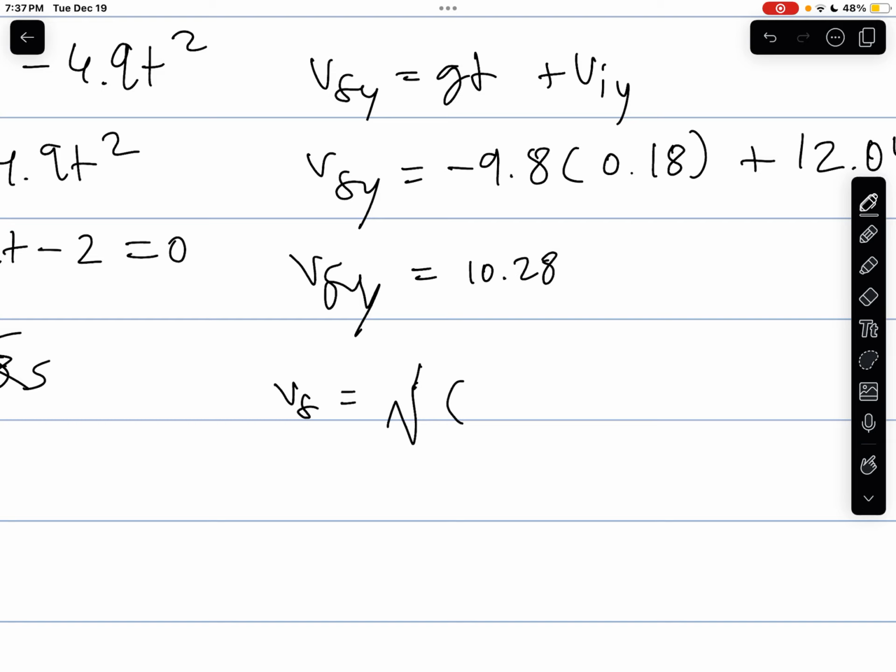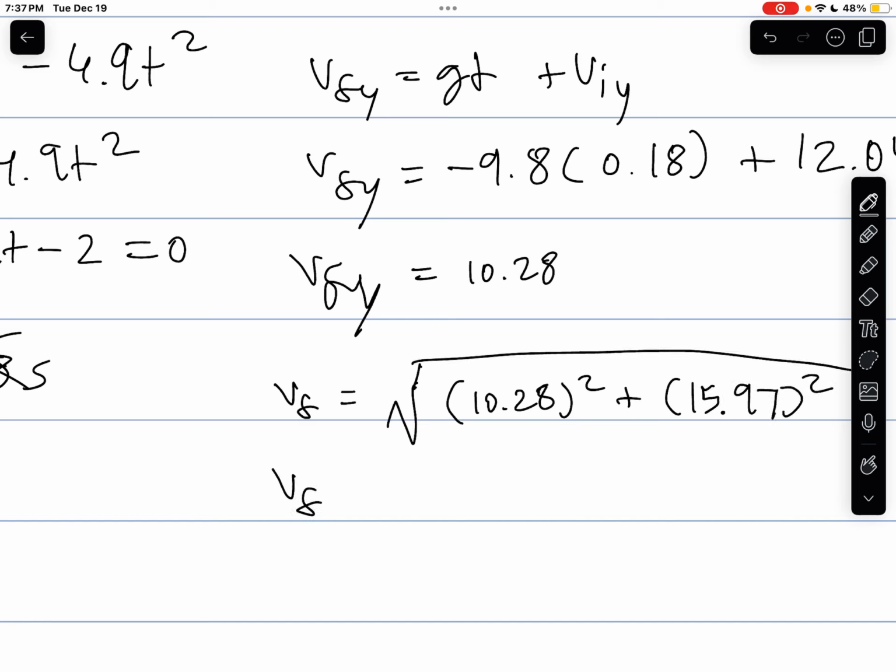So this is going to be squaring the VFY squared plus VFX squared. So it's going to be 10.28 squared plus VFX squared, which is going to be 15.97 squared. So then VF, or the instantaneous speed at the moment when it hits 2 meters from launch, which takes 0.18 second.